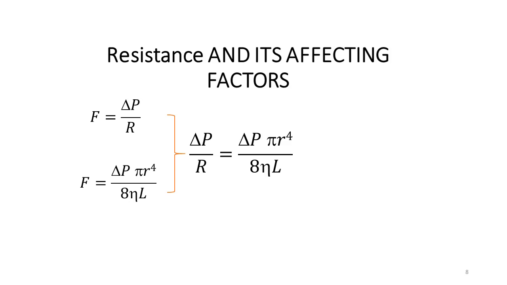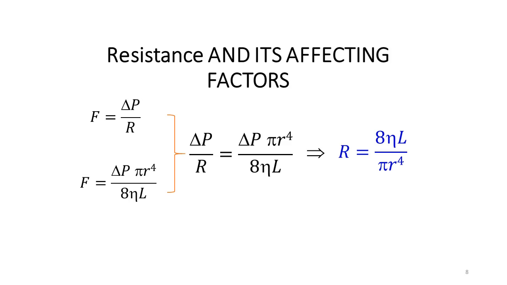By solving this equation, we can find R, or resistance. So R is equal to 8 eta L over pi R^4. So we know what factors have a direct effect on R and what factors have a reverse effect on R.